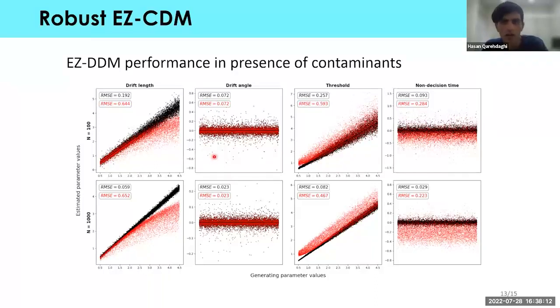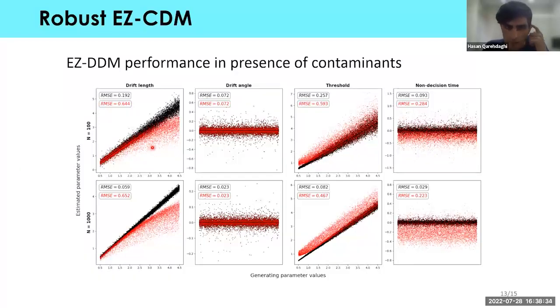For example, here I took the data in the previous analysis and added a uniformly distributed number from 0 to 2 seconds to 5% of trials in response time data, and estimated the parameters.